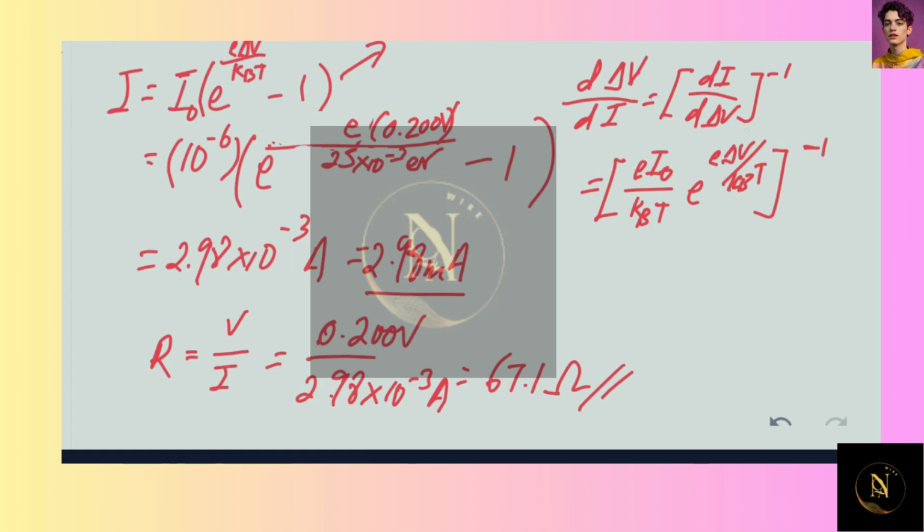We already have all the values. Delta V is just 0.2 volts. kBT is given as 0.025 eV. And then the I naught over here, 2.98 milliamps.